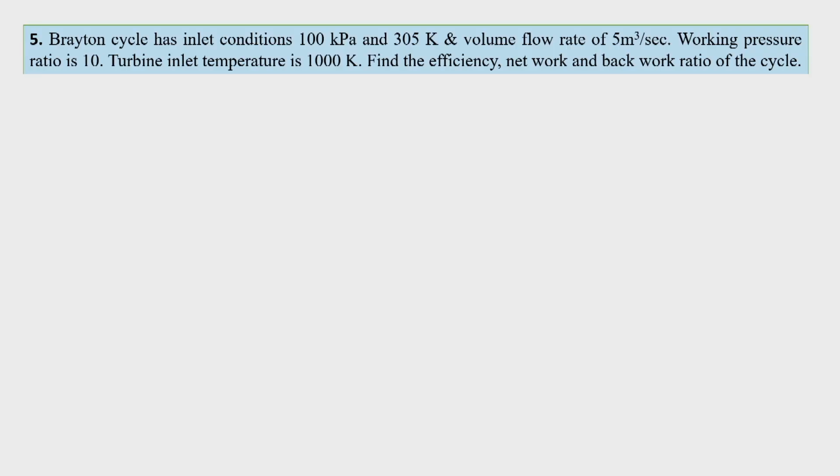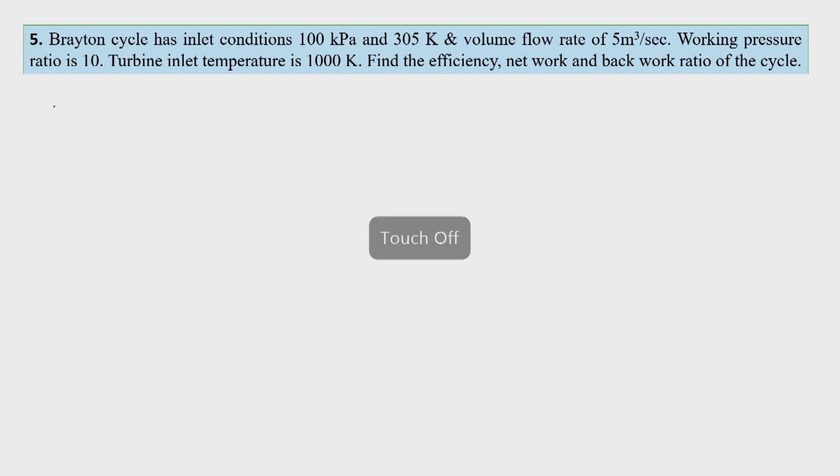Let us move on to the next example, which states that a Brayton cycle has inlet conditions 100 kPa and 305 Kelvin and volume flow rate of 5 meter cube per second. Working pressure ratio is 10. Turbine inlet temperature is 1000 Kelvin. Find out efficiency, net work and back work ratio of the cycle.